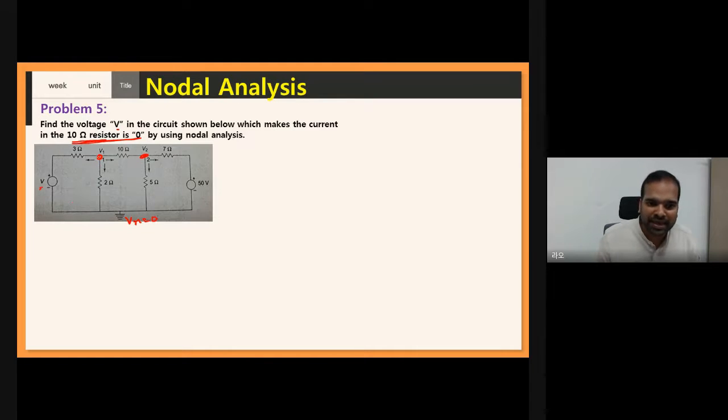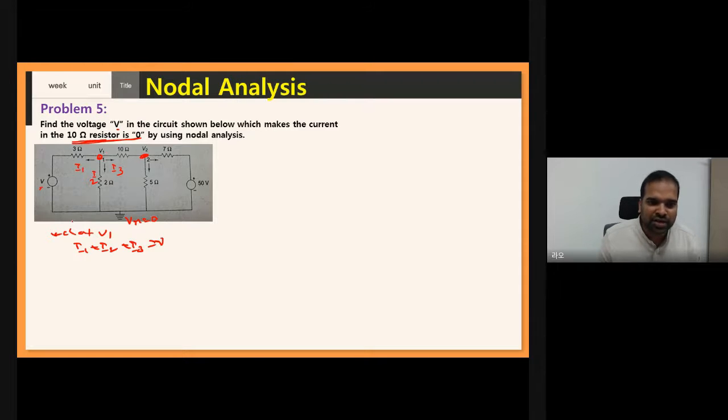Now I need to apply KCL at V1. So I need to consider that current is leaving from this source, right? They have already written the current directions I1, I2, and this is my I3. If I apply KCL at V1, what will I get? I1 plus I2 plus I3 equals 0.